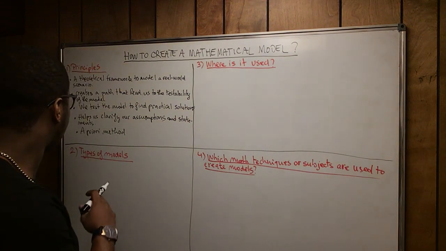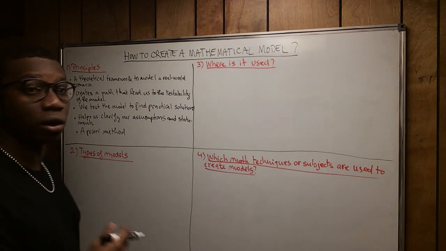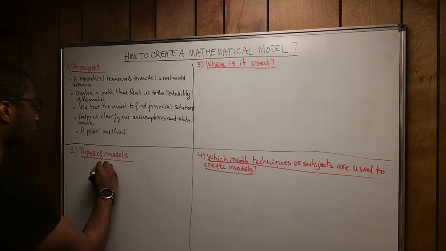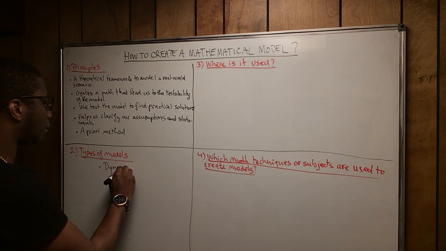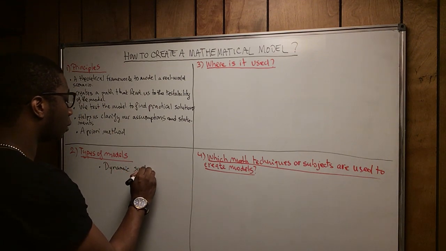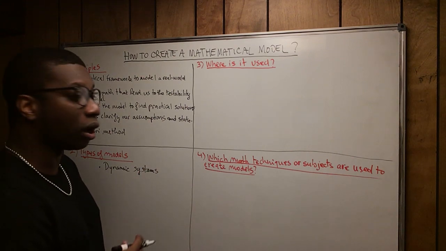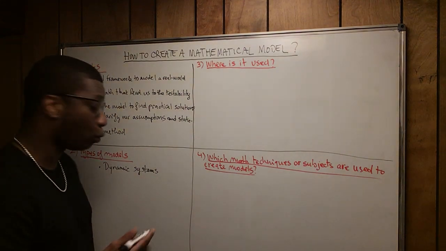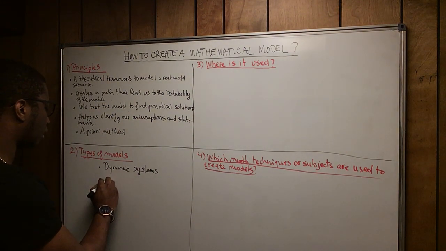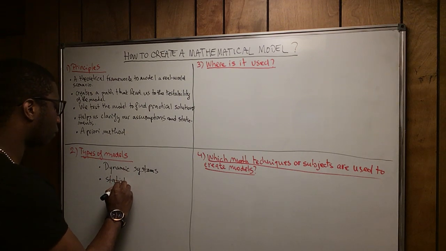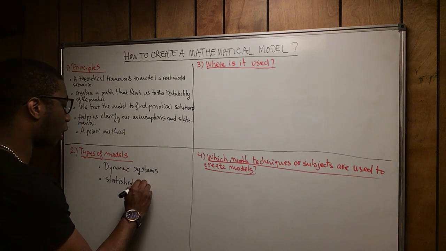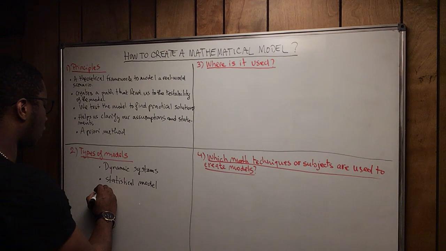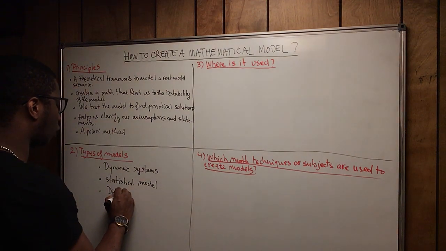And now the next is the types of models. So what are the types? In fact, there are four types. You first have dynamic systems. A dynamic system is one kind of mathematical model. I personally don't know how to use them. It's something I have to work on. You have statistical models. This is what I do for a living, so I know it pretty much. I use that for econometrics all the time. Then you have differential equations.